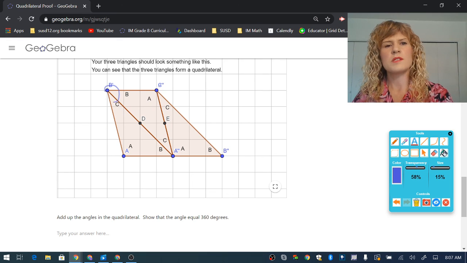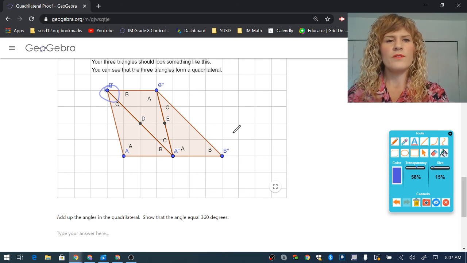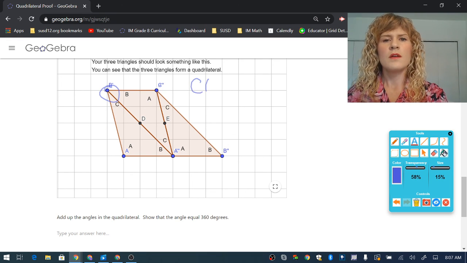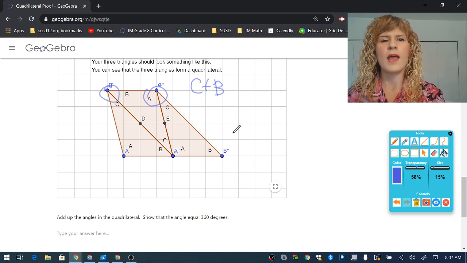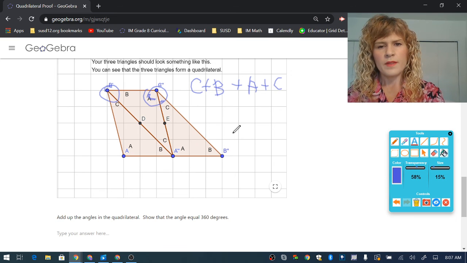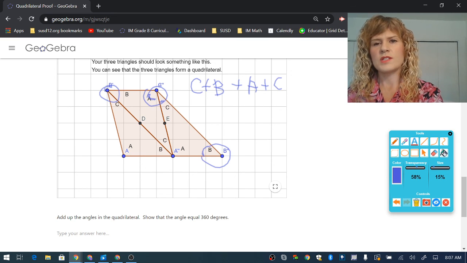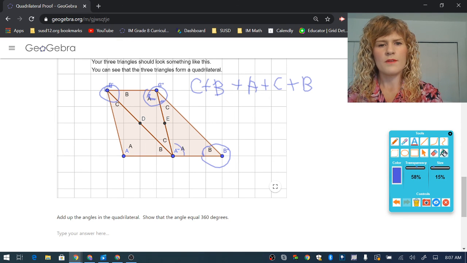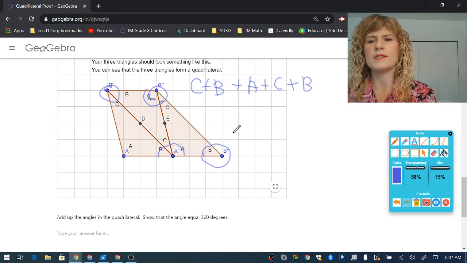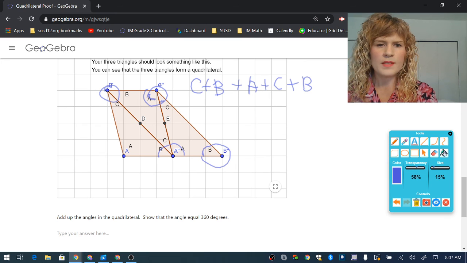There we go. I'm going to start right here, and I have C plus B. Next angle here is A, angle A plus angle C. The next angle here, that's just angle B, so plus B. The next has 3 angles, A, B, C, but look, that's a straight line.